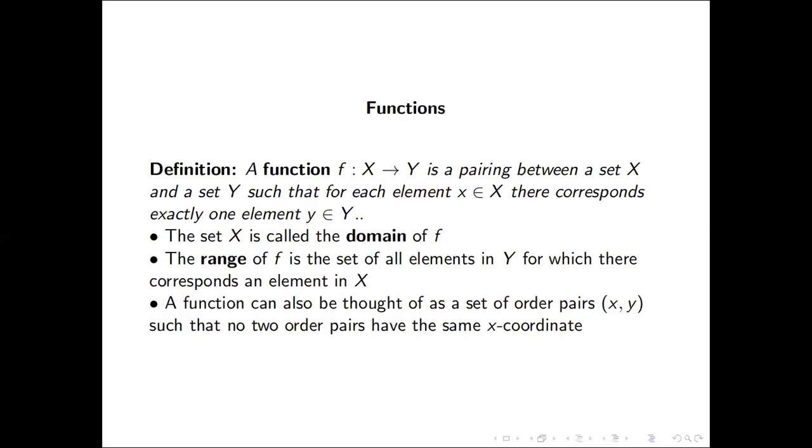And then we collect those ordered pairs and thus form a set. So that instead of defining a function as a pairing, we can define it as a set.